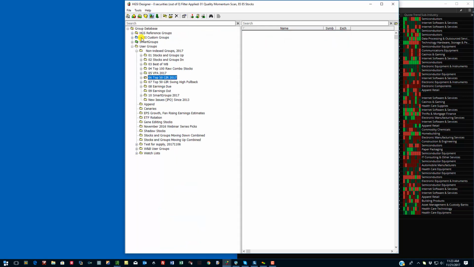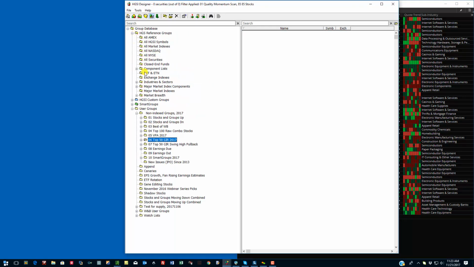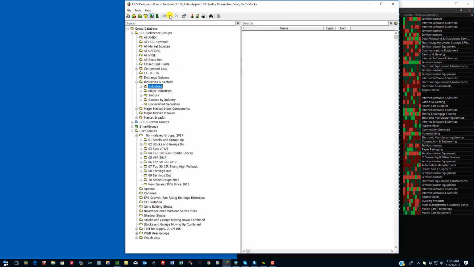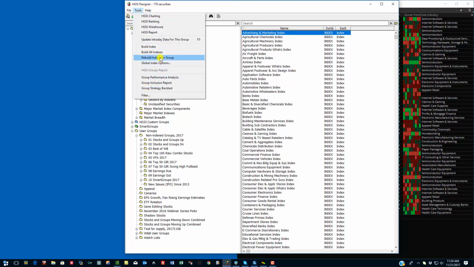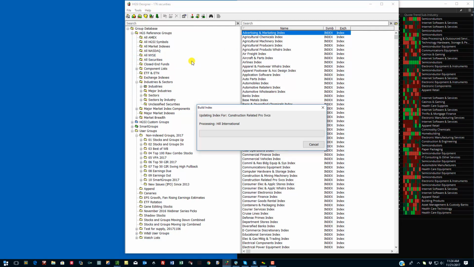A more precise way to do this, and I've shown you this before, is just go into the reference groups or wherever the industries are. You can do it in the Woodward and Brown groups too. And just bring the industries up, and under Tools, Rebuild Indexes in Group. You can see this computer really whips through this stuff.